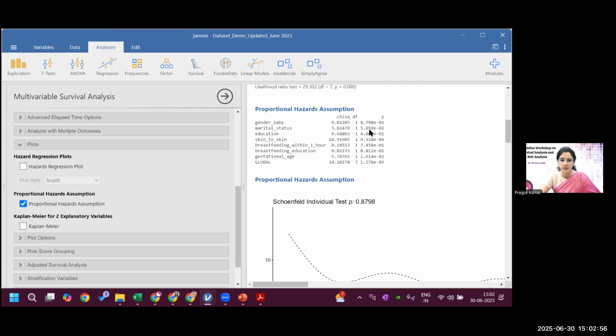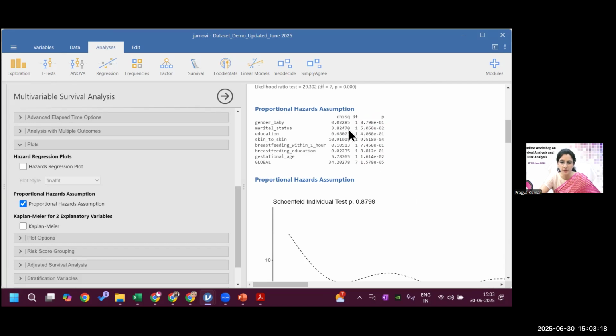So the p-value, if you see the global p-value, and then the one for each individual variable. For this, it is more than 0.05 because it is 0.8. If it is e to the power 2, then it is 0.05.